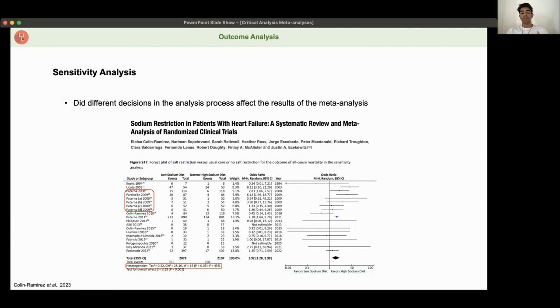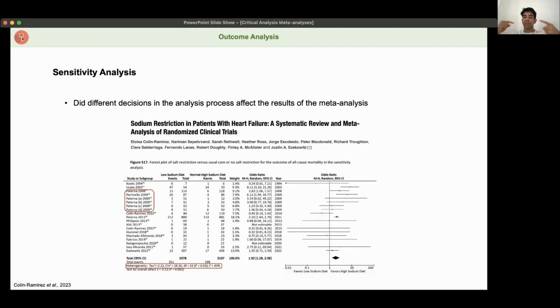What that's telling me is, first of all, including those studies increased the heterogeneity so much that this group of studies is not really comparable reliably. The second thing it tells me is that yes, those 6 studies are what's pushing the odds ratio towards favoring a high sodium diet. So overall, I would not trust this analysis just because the heterogeneity is too high, and those studies have quite a huge skewing effect on the end result.